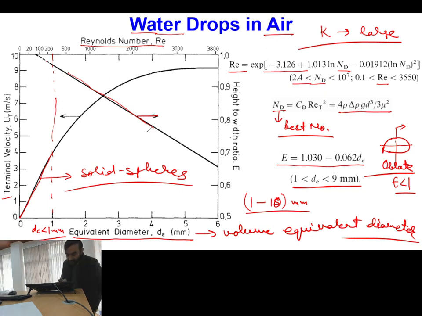That is why this data is only starting from this point. Before this point our diameter is less than 1 mm, so we are considering that it is almost a spherical shape and the value will be close to 1. So you can see on the right hand side this value is 1.